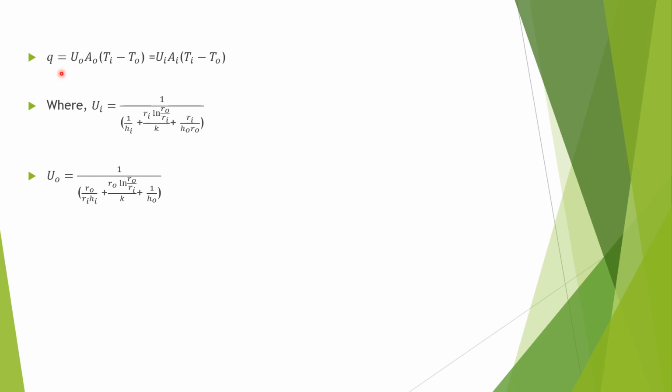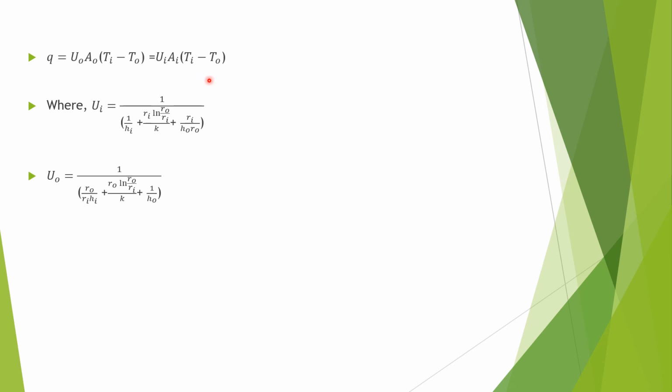Considering that Q is equal to Uo Ao (Ti minus To), that is the heat transfer coefficient considering the outside diameter into the area Ao, that is the area of the outside surface of the cylinder, into Ti minus To, is equal to Ui Ai (Ti minus To).